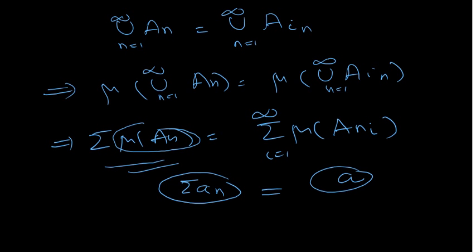But here is the problem: if you choose any rearrangement, this sum will never change. So that means the series is actually absolutely convergent. It's not conditionally convergent, it's absolutely convergent. So we can say that this series, mu of An, where the An are disjoint members of sigma, is absolutely convergent.